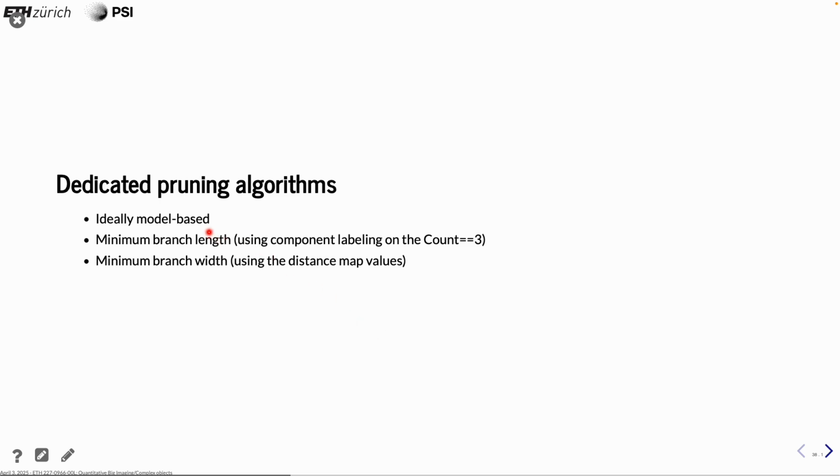You can set, for example, a minimum branch length, so labeling all the components that have the count of 3. You can also look at the minimum branch width, and that's a combination of the skeleton and the distance map, where the value of the distance map on the skeleton tells you the local width of the object.